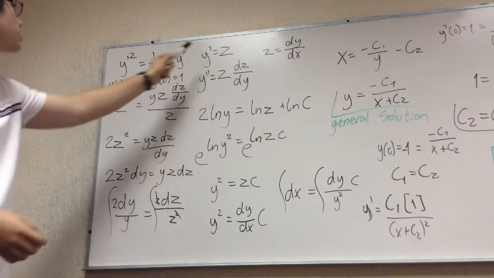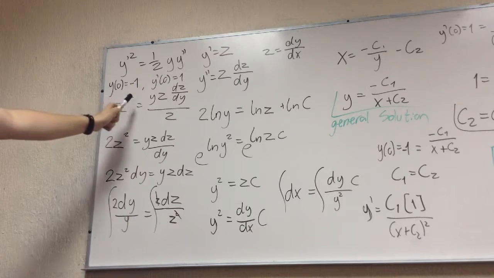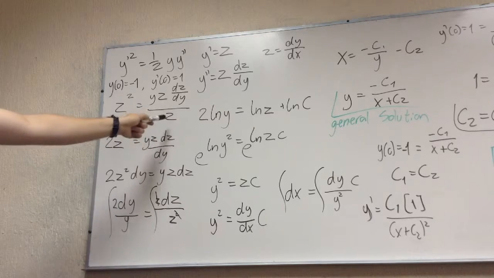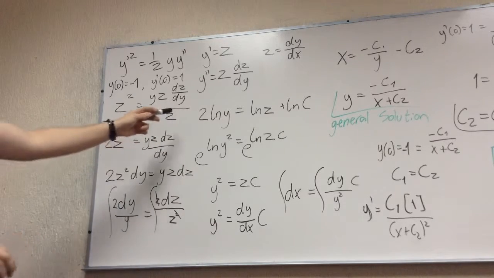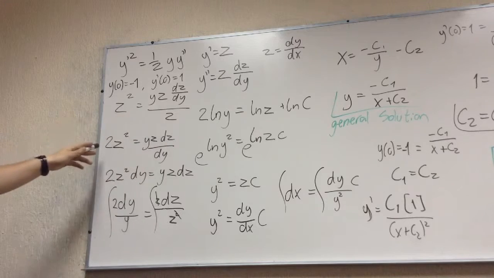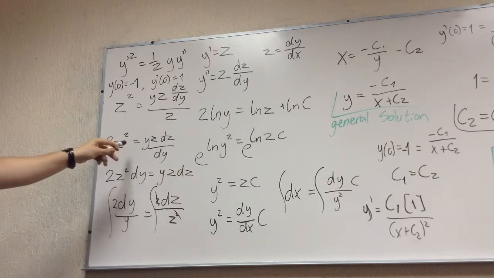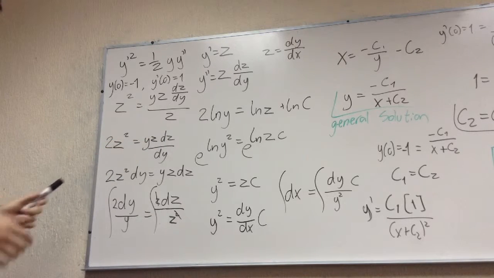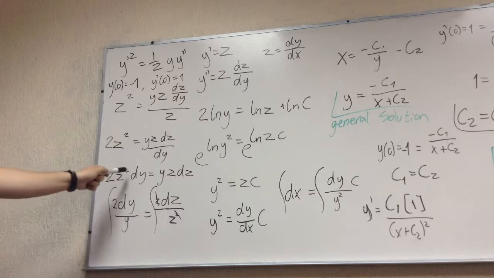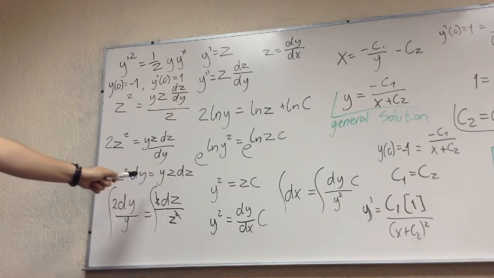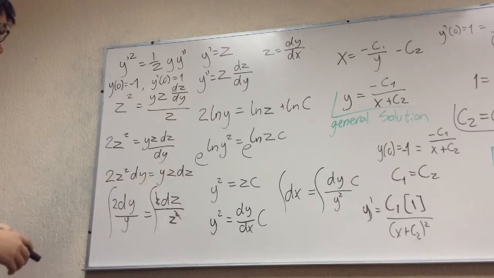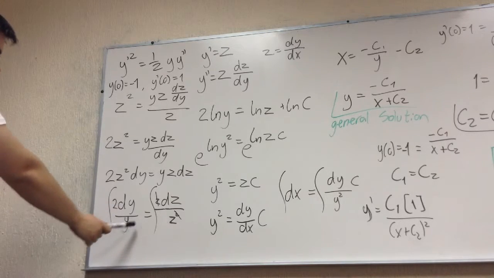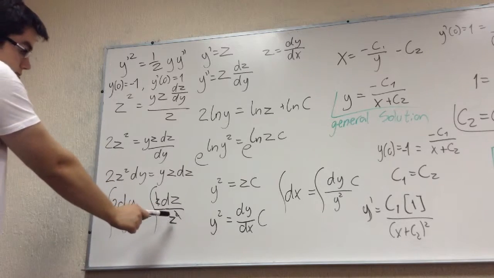So we substitute, and we have z squared equals y z dz over dy all over 2. So we pass this to the other side. 2z squared equals y z dz all over dy. Then we have 2z squared dy equals y z dz. And lastly we have 2 dy over y equals dz over z.